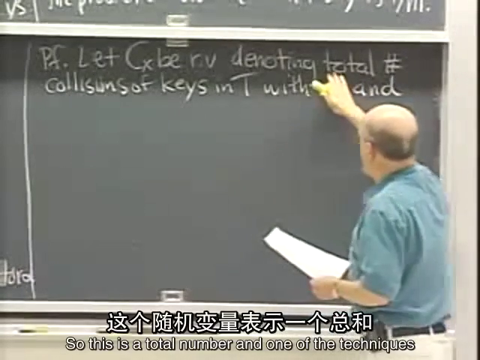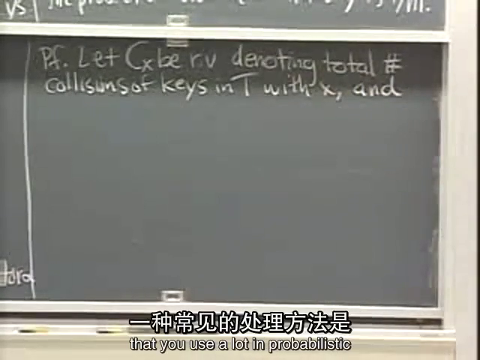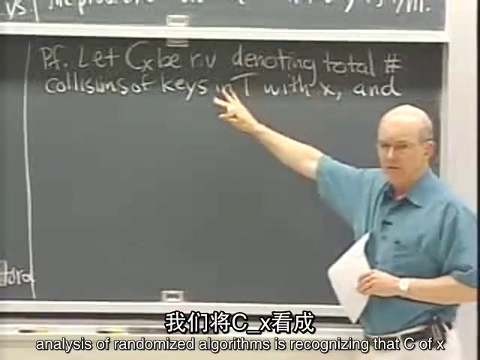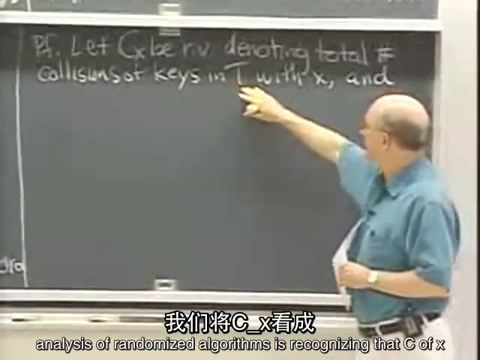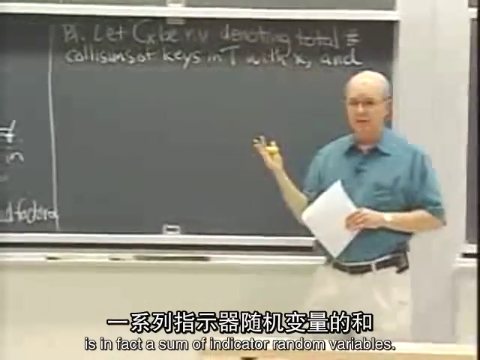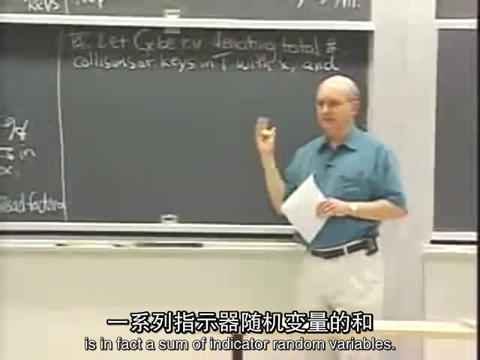One of the techniques that you use a lot in probabilistic analysis of randomized algorithms is recognizing that C of x is in fact a sum of indicator random variables.